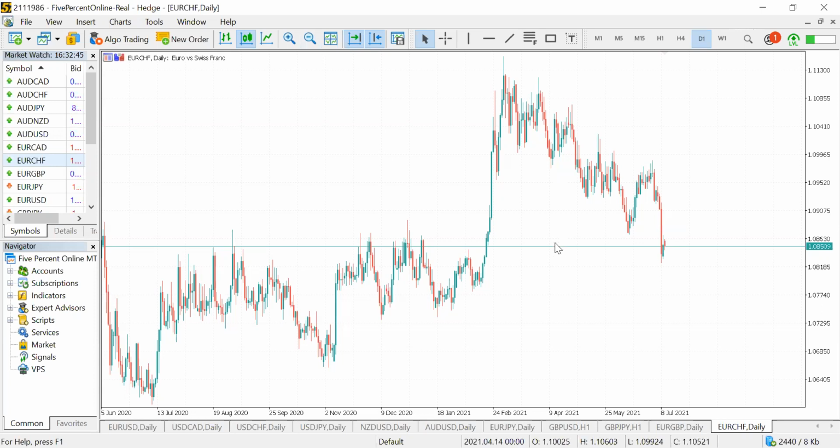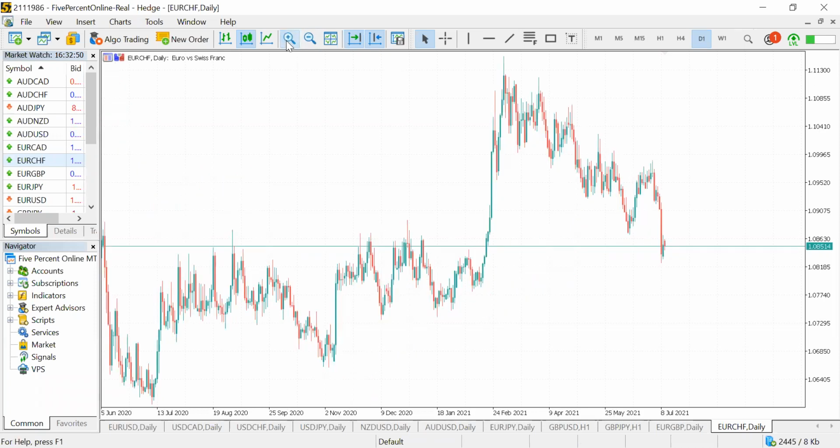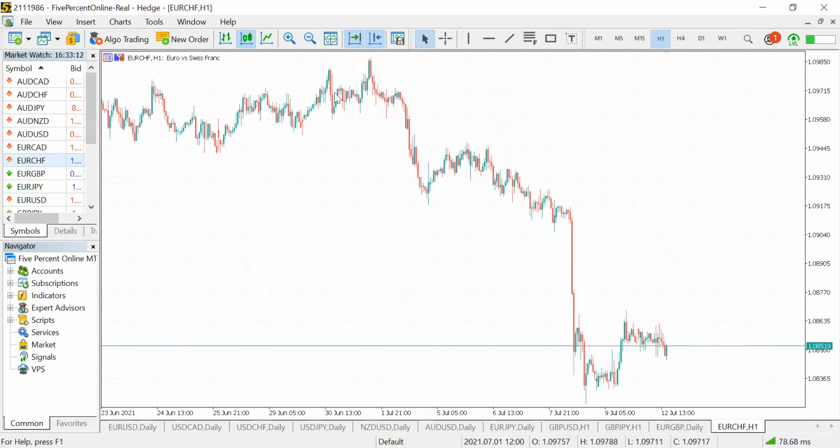Okay, so Euro franc. Let me see if I can find. We were following this channel, but looks like that last push lower has been an aggressive one. So let me see if there's. It looks like there's demand there. Just let me confirm that on the lower time frames.